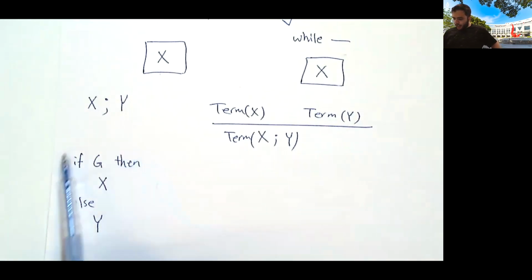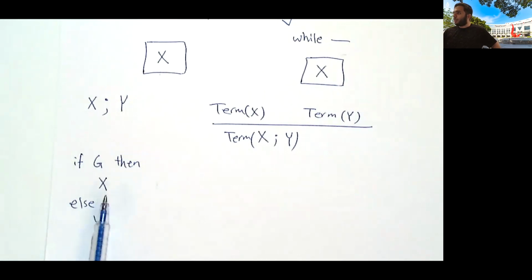Instead of finding a linear ranking function for the whole thing, what I can do is that I can find a linear ranking function for X, showing that X terminates, and find a linear ranking function for Y, showing that Y terminates. And this would be enough to prove that the whole thing terminates, right? Because when I evaluate this condition G, either it holds, in which case I go to X, or it doesn't hold, in which case I go to Y.